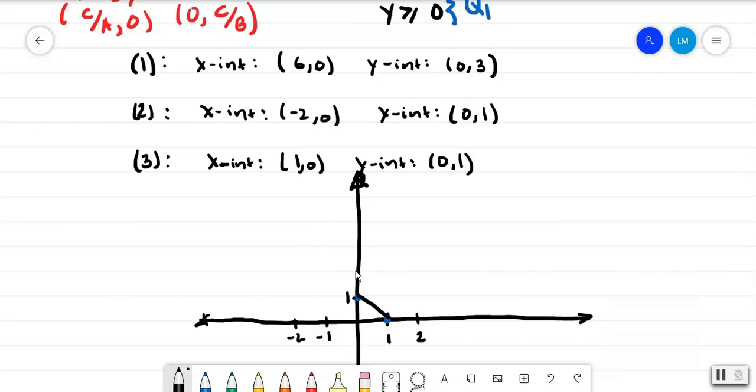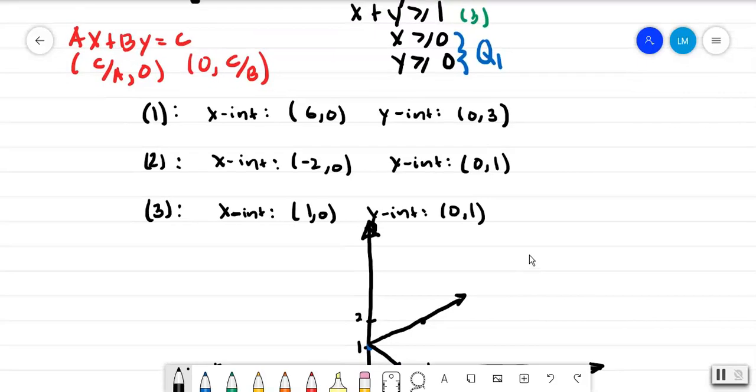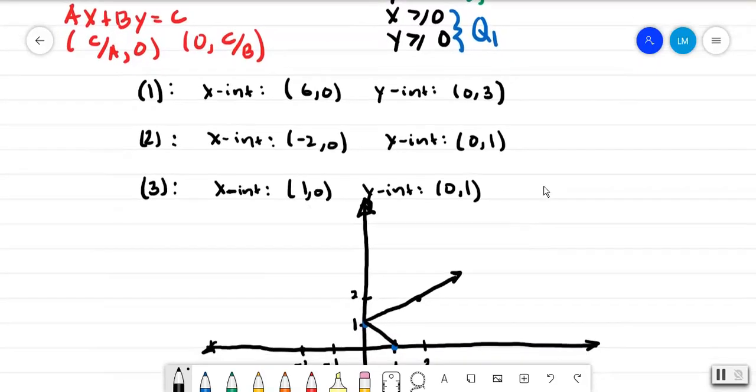So we have 2, 2, and then the line is going to go something like this. Now I need to get the other point, which in this case is 0 comma 3. So we have 0 comma 3. We'll put 3 right there, and then we have 6.